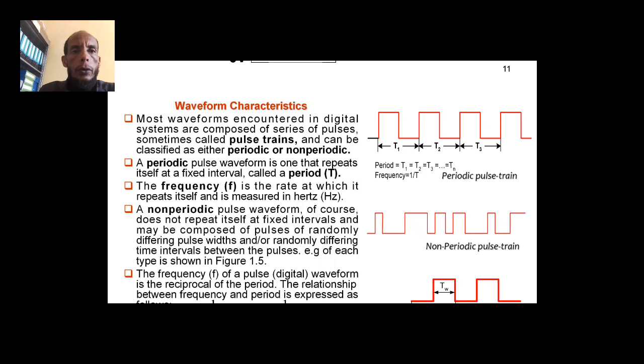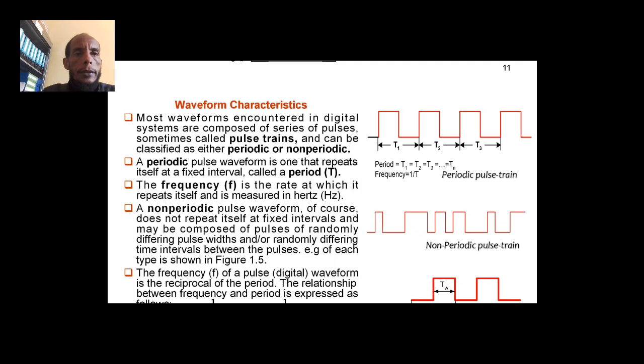A periodic pulse waveform is one that repeats itself at a fixed interval. For instance, a period can be represented by capital letter T. So that is called the period. Period 1 is equal to period 2, period 3, and so on. From this period we can get the frequency. What is frequency? We say the frequency of DC is 0, the frequency of AC is 50, in such ways. Frequency is the inverse of the period, meaning frequency is equal to 1 over the period of the periodic pulse train.